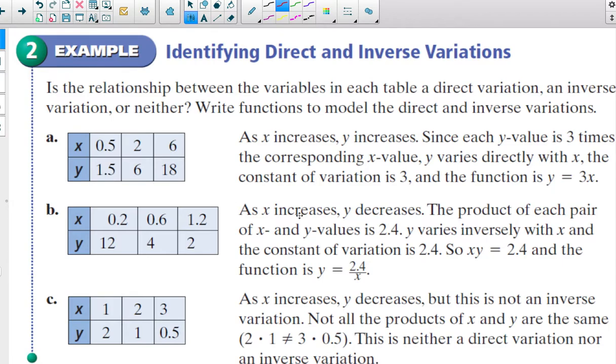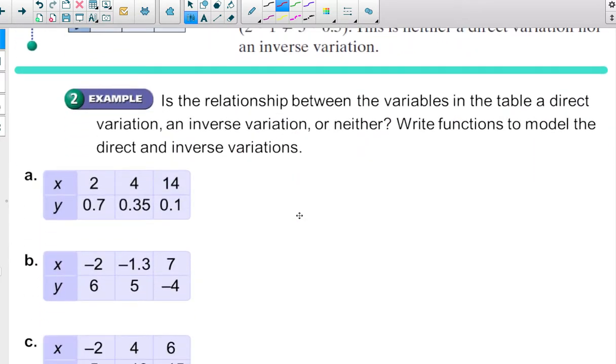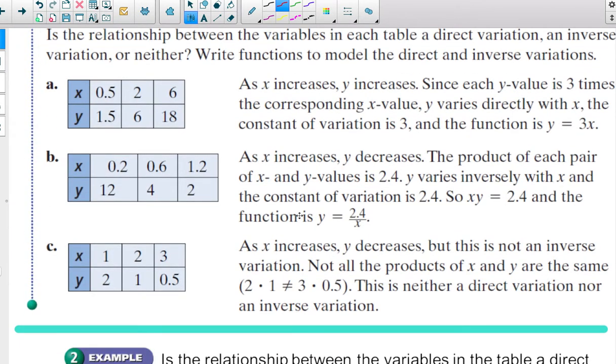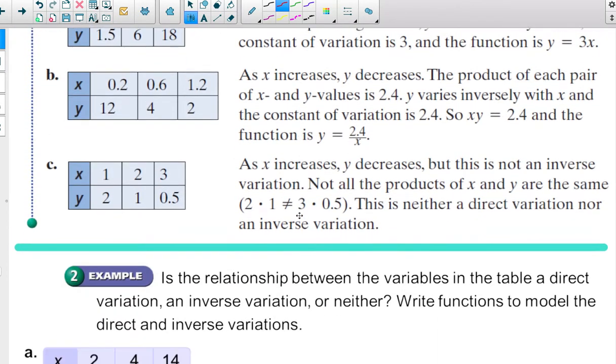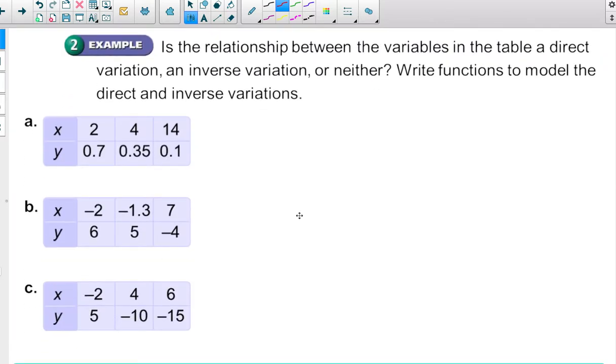Let's go ahead and see that in play, and then you'll have your textbook to refer to up here if you want to. All right, is the relationship between the variables in the table a direct variation, an inverse variation, or neither? Write functions to model the direct and inverse variations. So for the direct, we know that it is y equals kx.